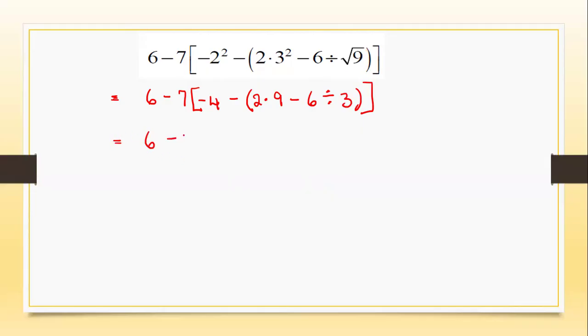6, bring down negative 7, bring down our negative 4. 2 times 9 is 18, subtracting 6 divided by 3, which is 2. 6, bring down the negative 7, bring down the negative 4. 18 subtract 2, which is 16.